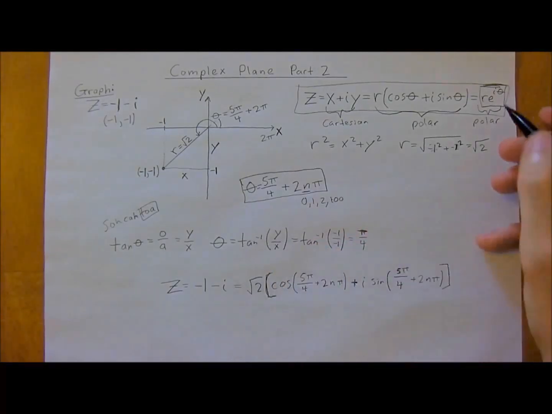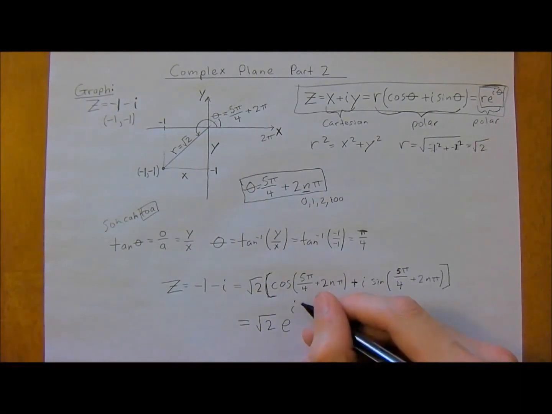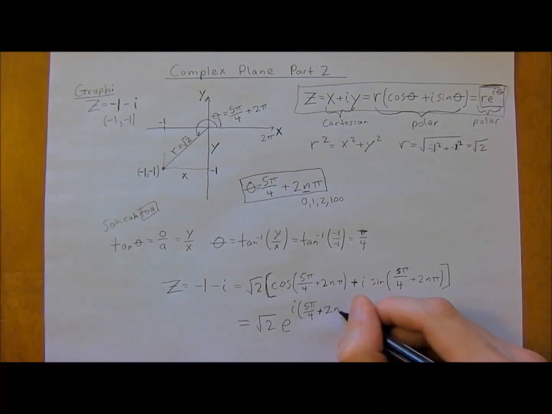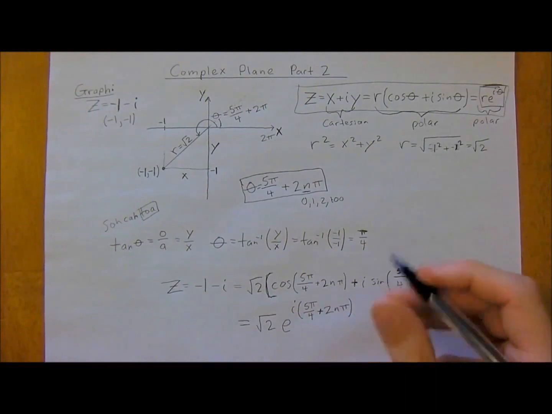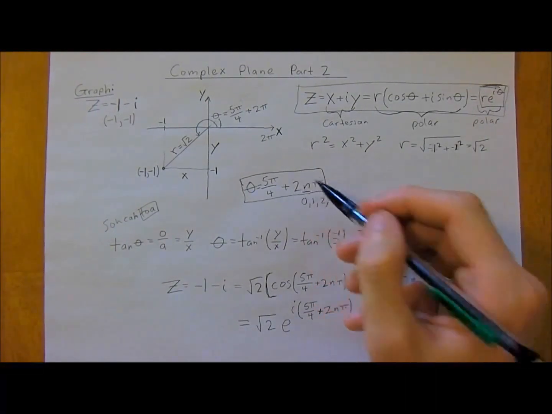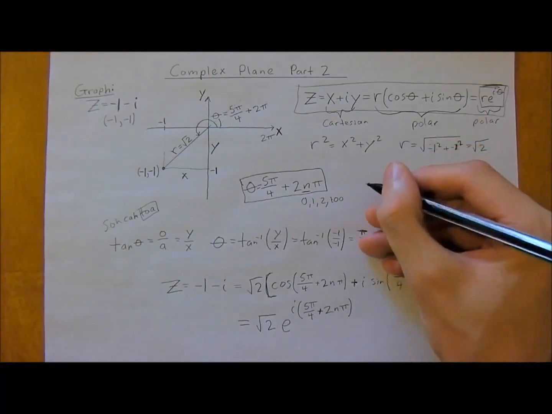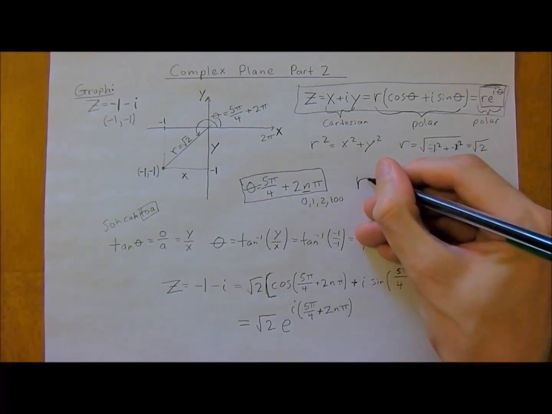And then finally, to put it in this form, we would have the square root of 2, which is the radius, times e to the i, 5 pi divided by 4 plus 2n pi. And really all this is doing here is just accounting for all the possible angles that we could include. And just one final note is sometimes you'll see r can be written a few different ways.